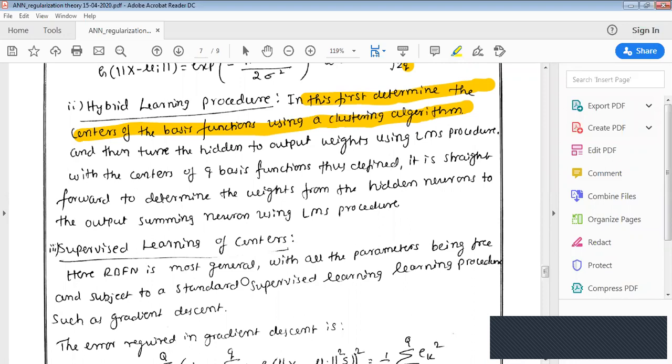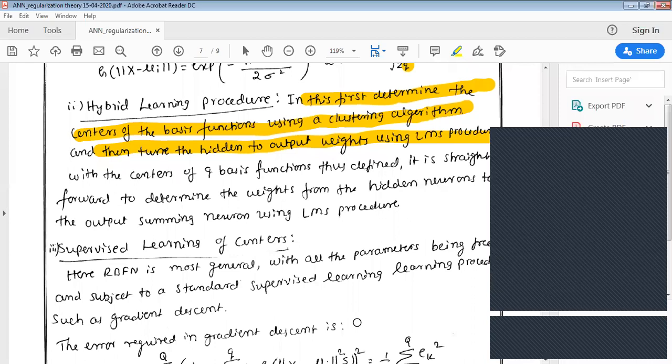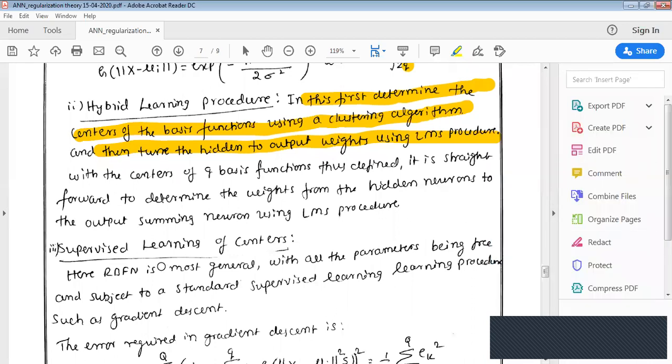Based on the center, we use the other data points, other than the center, to find the distance. Then tune the hidden to output weights using LMS procedure. The least mean square algorithm is used to find the distance between the data points and the output.